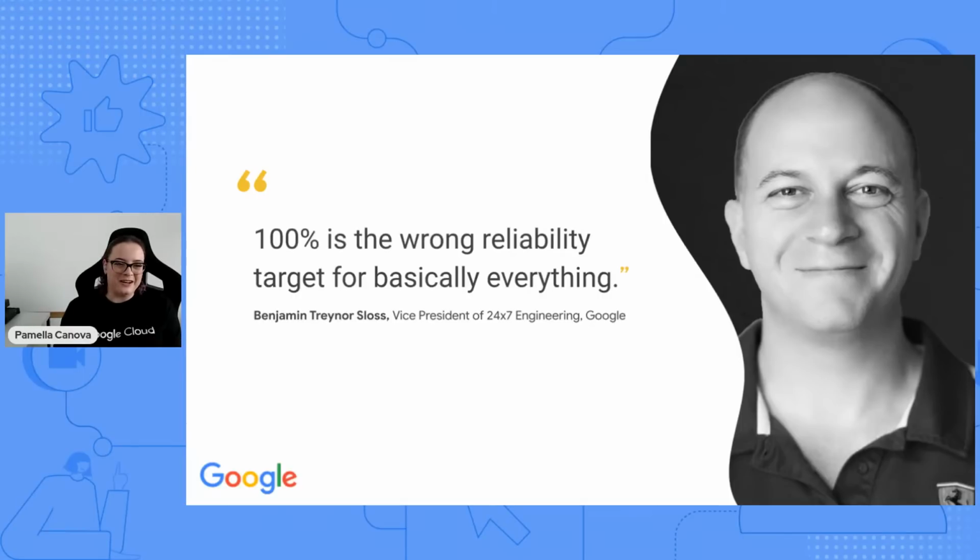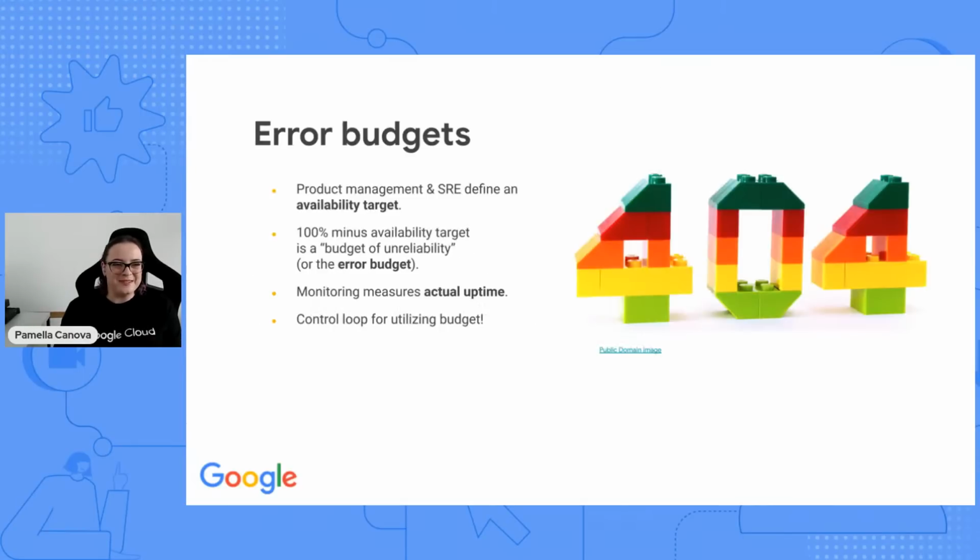And that's where the error budget comes in. The error budget is how much availability we want to achieve instead of 100%. We need to talk to the product team, the users and the business to understand how much unavailability they can afford.